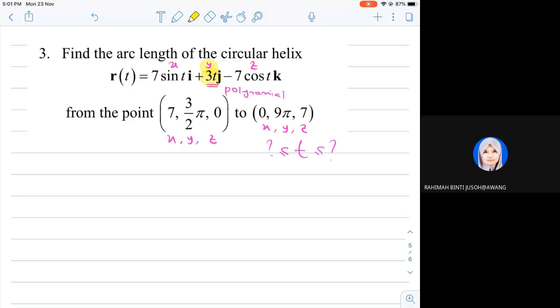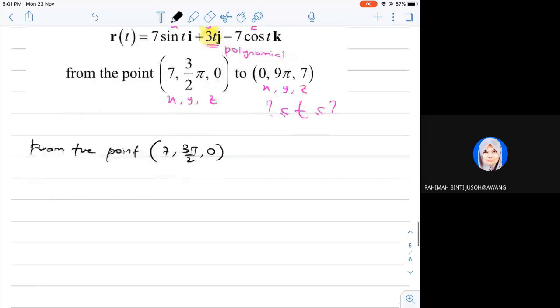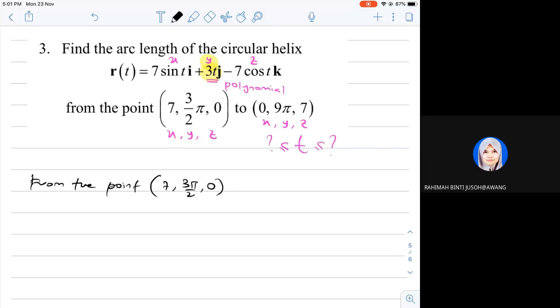So look here, we have the starting point. This is the starting point: from the point 7, 3 pi over 2 and 0. Okay, from the point means starting. So we have the y component. So we need to highlight this component here. Coordinate y equals 3 pi over 2.